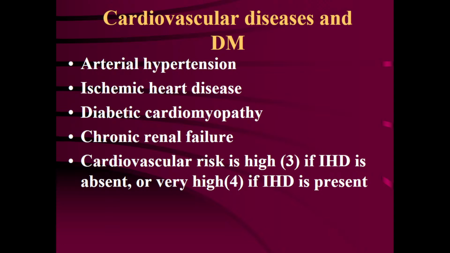If ischemic heart disease is present in the patient, we should write very high risk. If there are no symptoms and signs of ischemic heart disease, but there is diabetes mellitus, risk should be assessed as high. It's also named risk number three, or the third degree of severity.